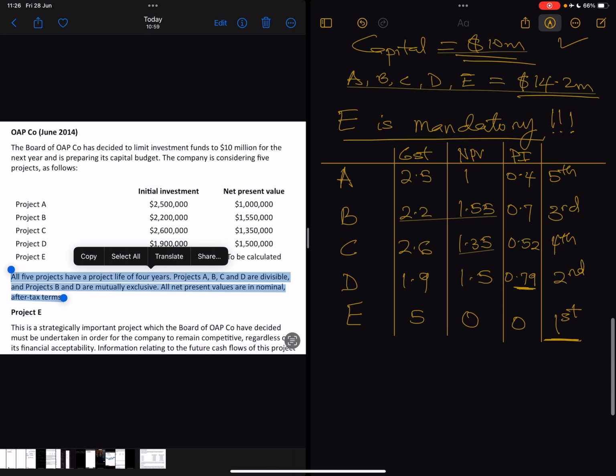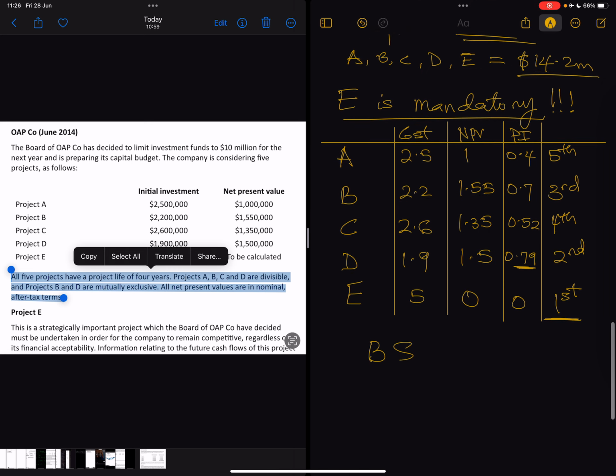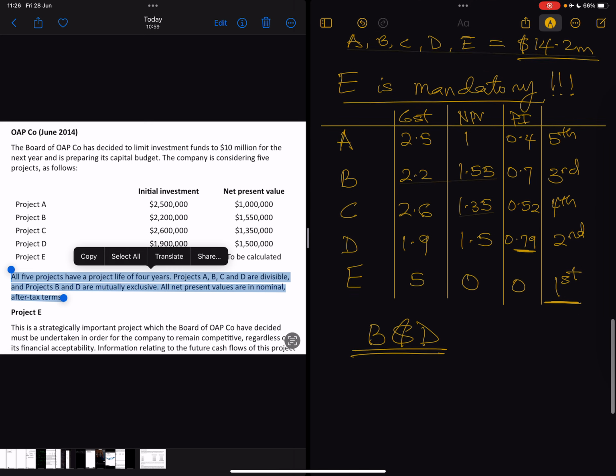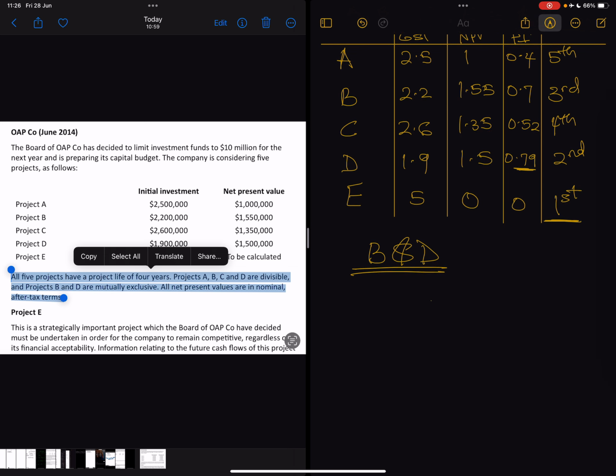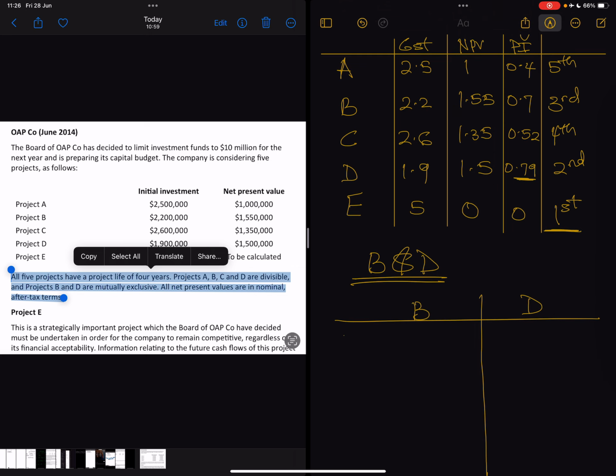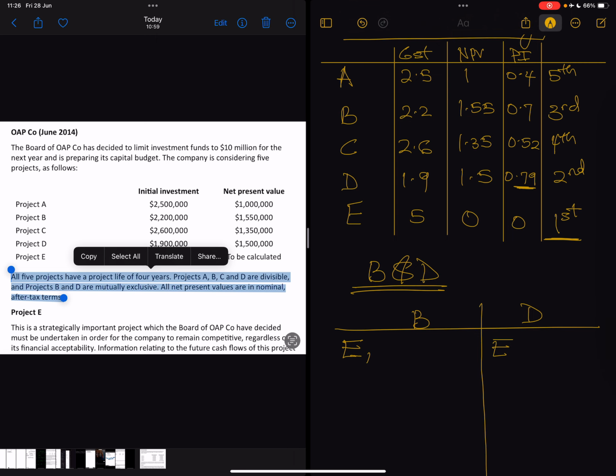So which means if B and D are mutually exclusive, we're going to have 2 groups, because B and D must not exist together. So the combinations we can have are group B and group D. In group B, E must come first because it's number 1. Likewise, in group D, E must come first. Then in group B, after E, the second would be D. But because B and D are mutually exclusive, we cannot take D here.